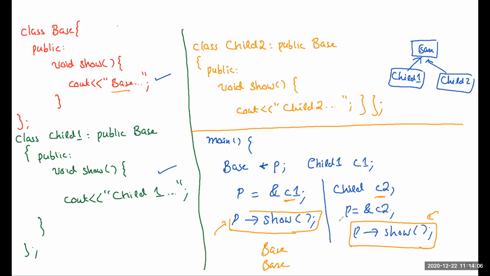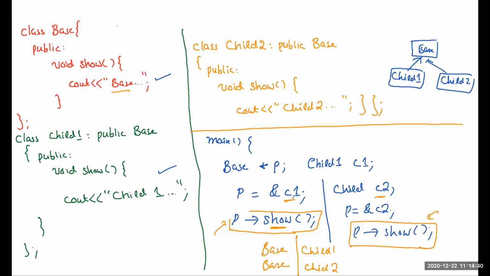Now you see this is not very useful, because we can call the show function of the parent class using the parent class object, right? So what we actually want, which is not happening, is that this statement should call the show function of child 1, and the second statement should call the show function of child 2, right? So in other words, what we desire is that instead of looking at the data type of P, somehow your program can look at the contents of P, right?